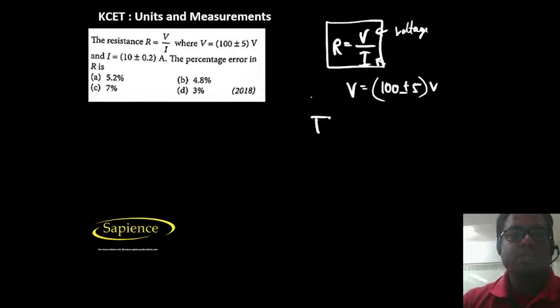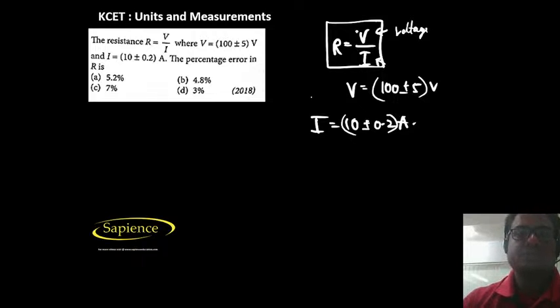Then I is given as 10 plus minus 0.2 ampere, and we have to find the percentage error in the resistance R. So we have to find the value of delta R by R into 100%.